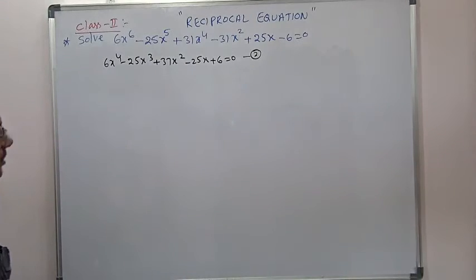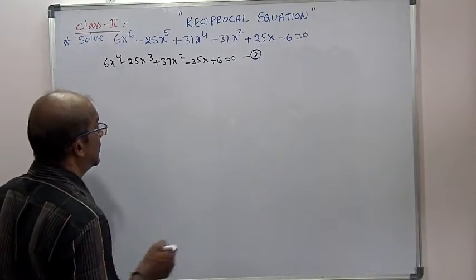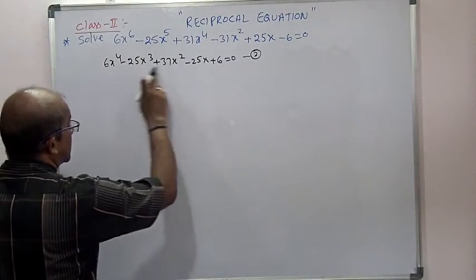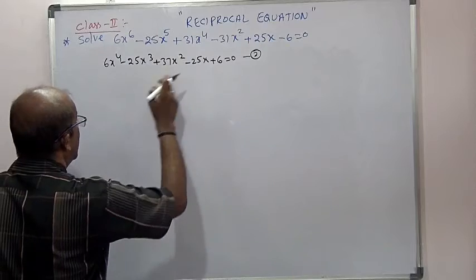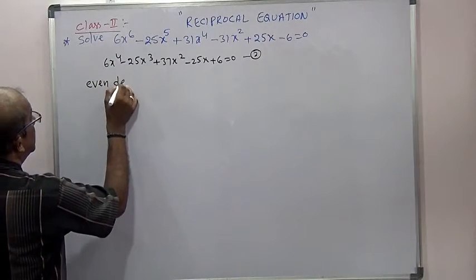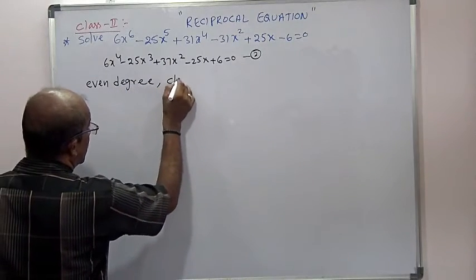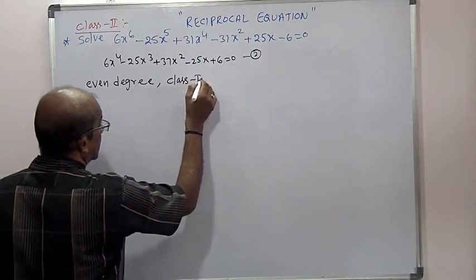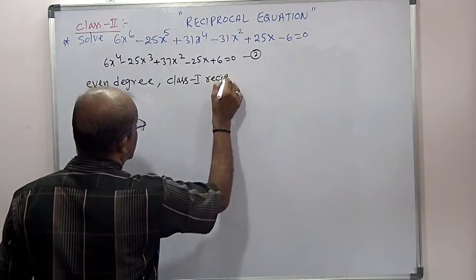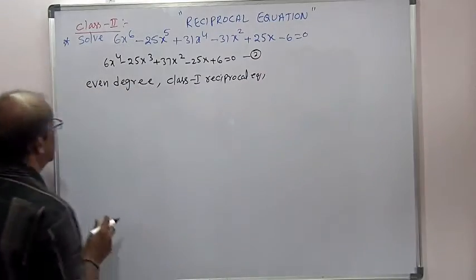Now, 6x^5 minus 25x^3 plus 37x^2 minus 25x plus 6 is equal to 0. So plus, plus, minus, minus. So even degree and class 1 reciprocal equation.